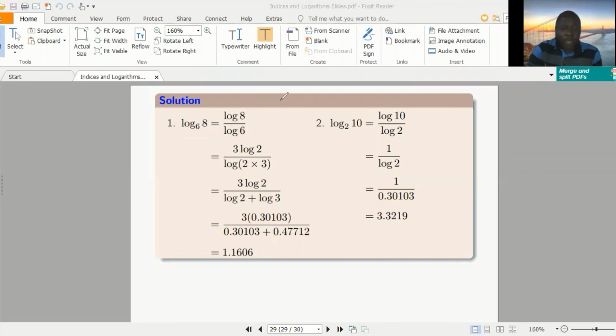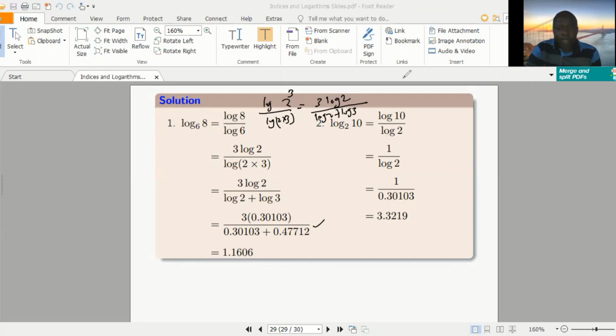And I've noticed that 8 is the same as 2 raised to 3, and that 6 is the same as 2 times 3, which would mean addition here. The 3 can go to the other side: 3 log of 2, which is known to us as 0.3 something. And this other one is log of 2 plus log of 3. But those are known to us, so you can do it.